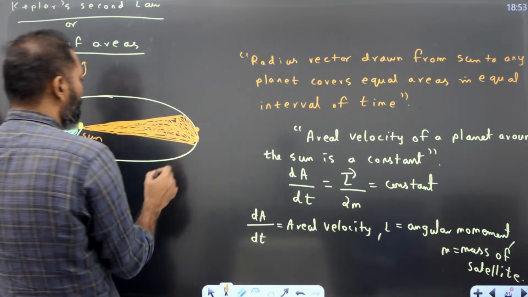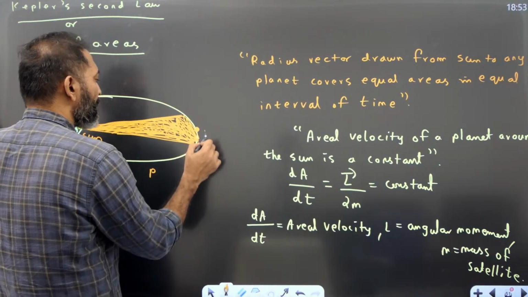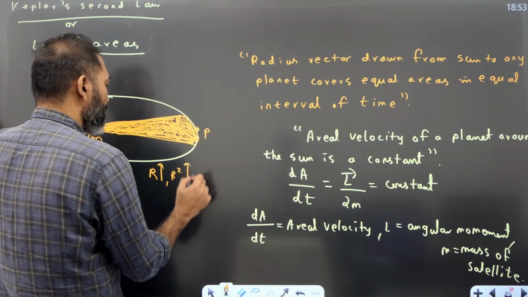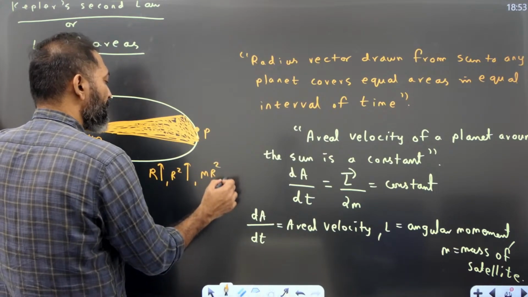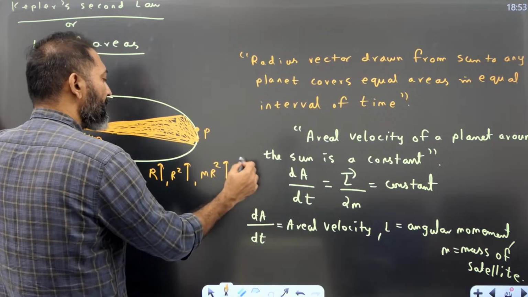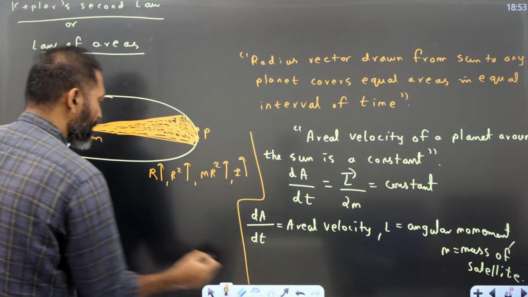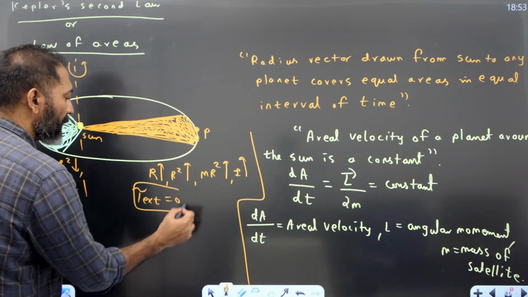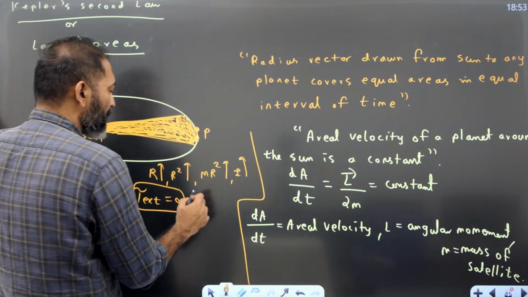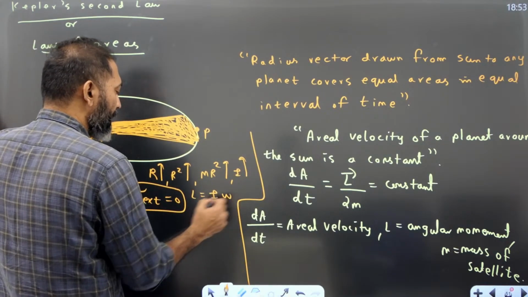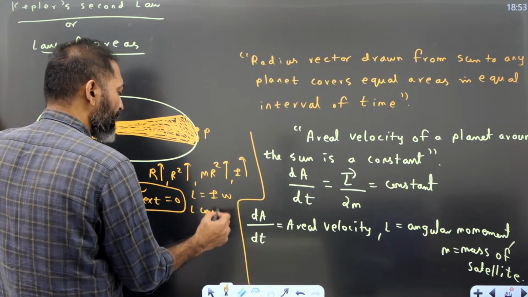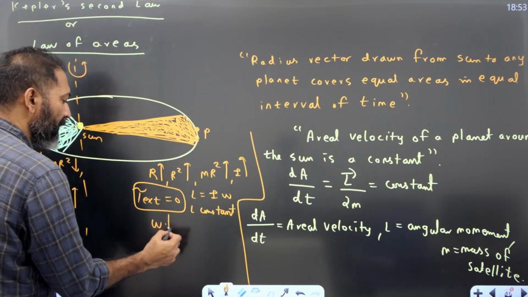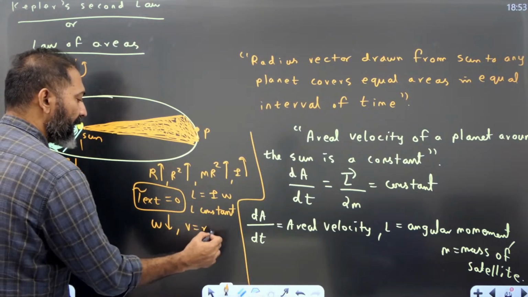Now, when the planet is away, what happened? Planet at this position. So the R value increases, R square increases, mr square increases, moment of inertia increases. What happens? External torque is 0, right? External torque 0 means what? Angular momentum will be a constant. Angular momentum L equals I omega. Here L is constant. So what happens? Moment of inertia increases, so omega decreases. V equals R omega.